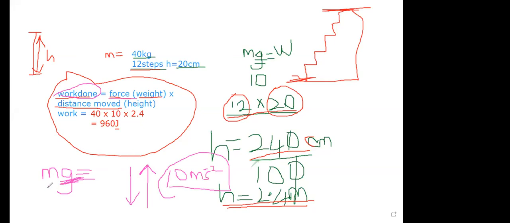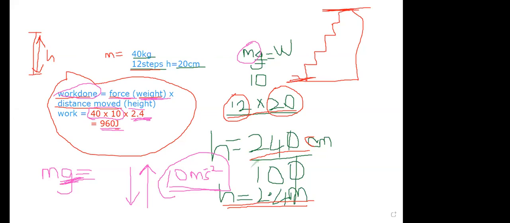Now, if a body is going up or coming down, we consider the force as its weight, and weight is got from its mass times the 10. 10 is always given to us as acceleration due to gravity. That's why here I multiplied the mass, which is 40, times 10. So this is the weight, the force, then times the height of all the stairs, the 2.4, and we got 960 joules as our answer for number 1.